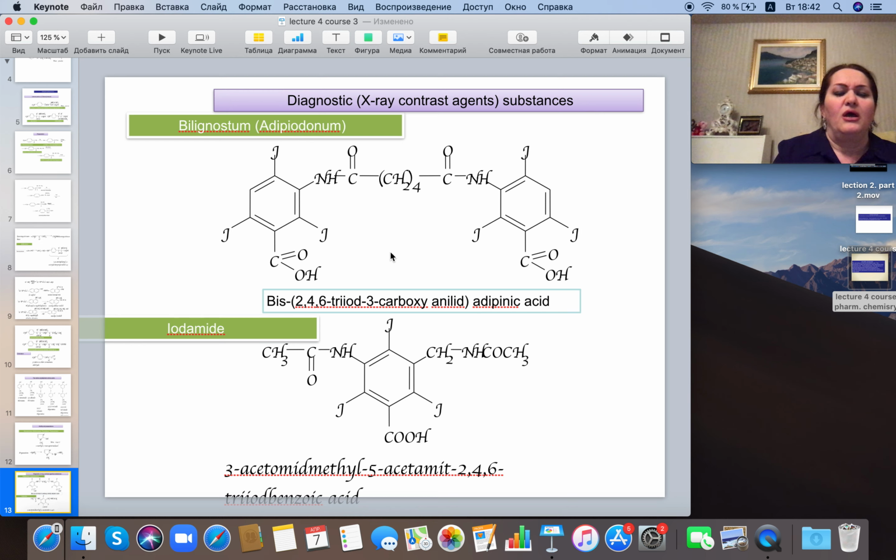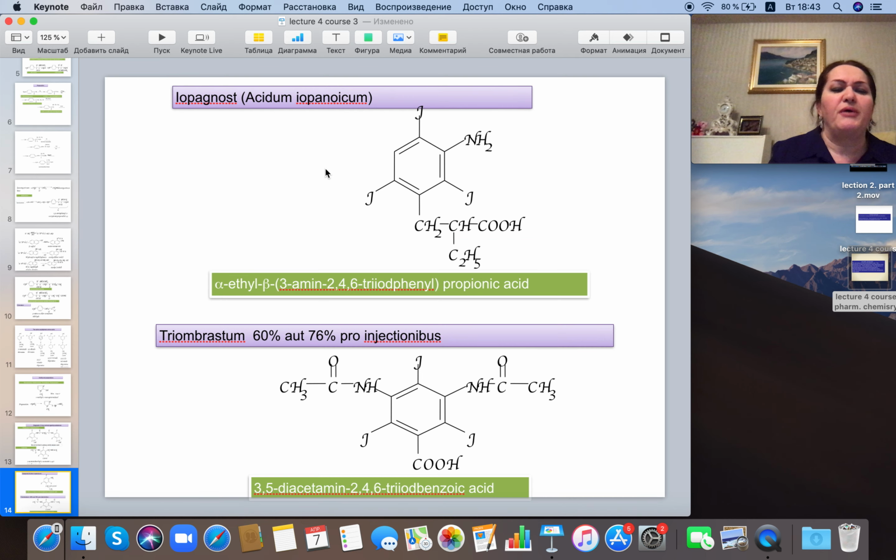This preparation is used as an X-ray contrast agent for analyzing the gallbladder or biliary tract in the organism. Iodomide is used as an X-ray contrast agent for diagnostics of blood vessels.